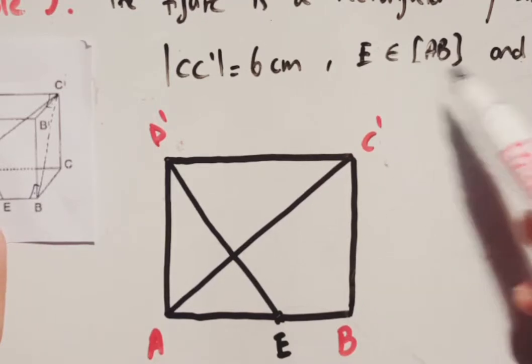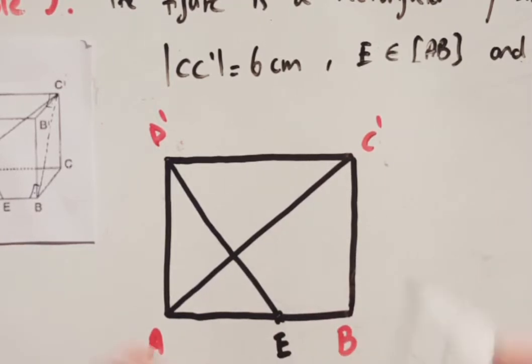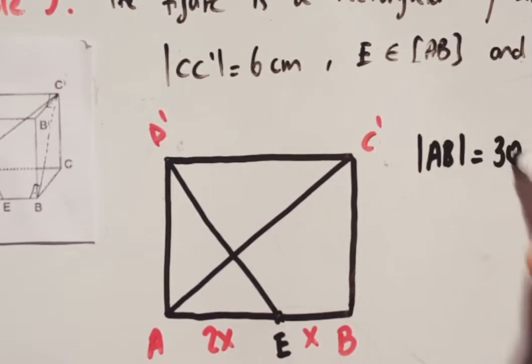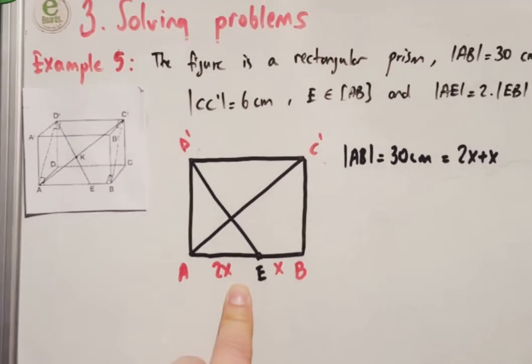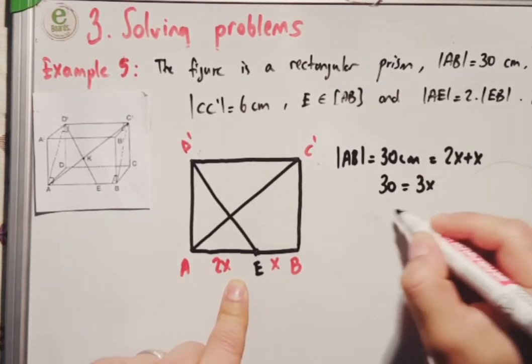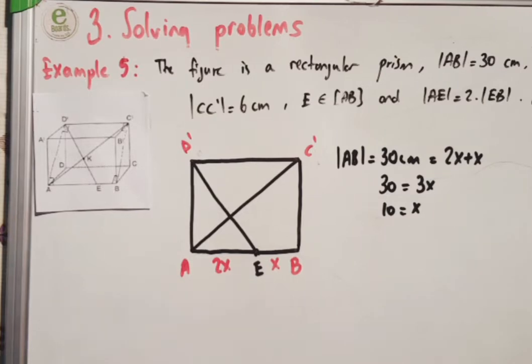If AE is 2 times greater than EB, if EB is x, AE is going to be 2x. AB is 30 centimeters, which is 2x plus x. So 30 is equal to 3x, 10 is equal to x.